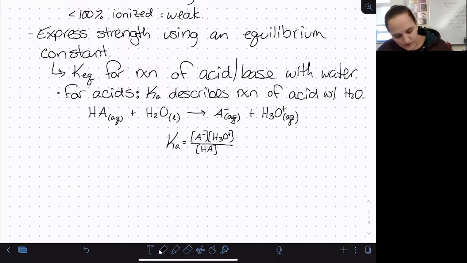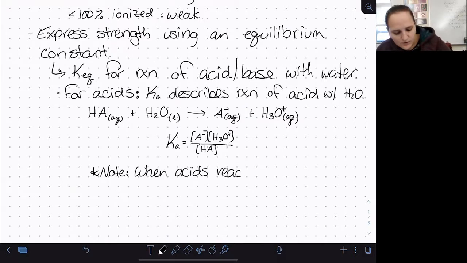So one thing to note: when acids react with water, they only transfer one proton. Water can only take one at a time, one H3O+.